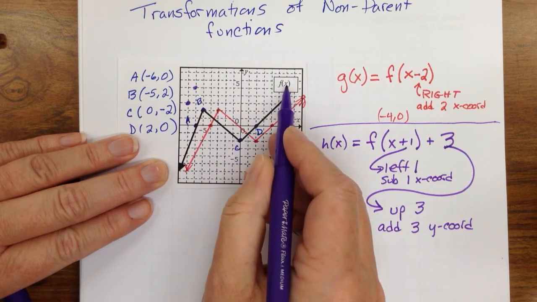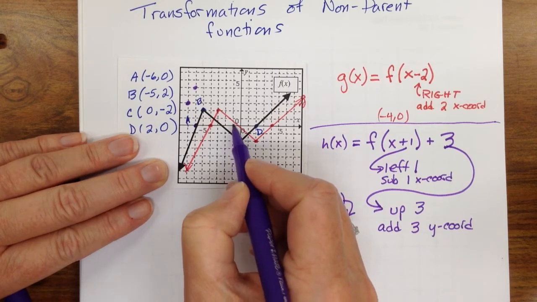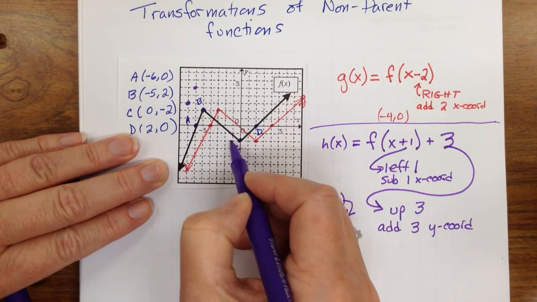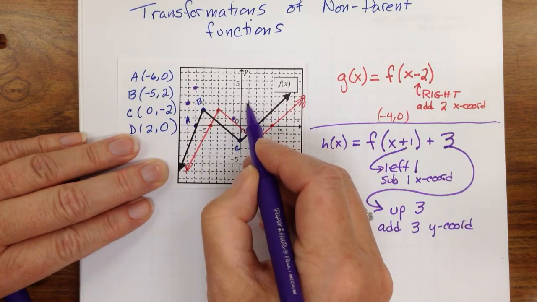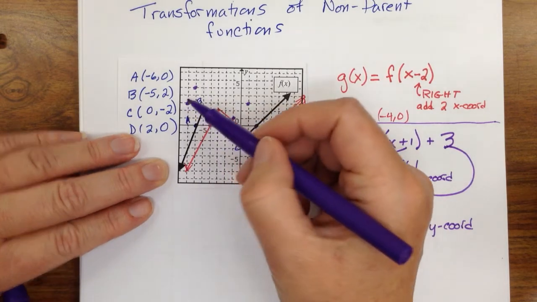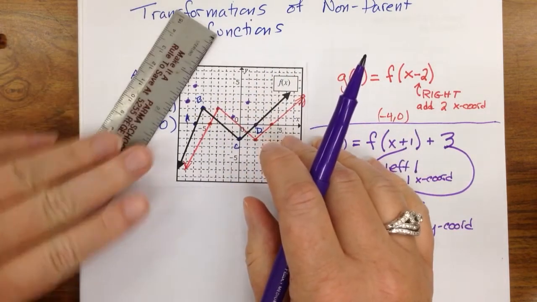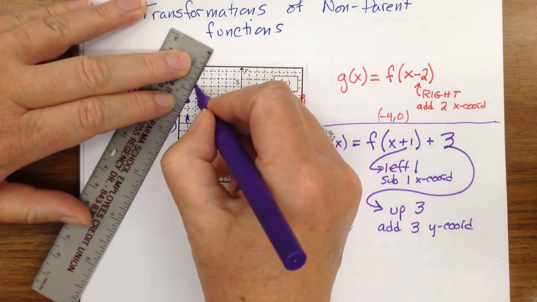Again, we're working on the F graph. Don't work on the red graph, work on the F graph. Left 1, up 3. I lost count. 1, 2, 3. Left 1, 1, 2, 3. And now we have our dots. Don't lose track of your dots. Mine are in purple here. And again, we have a ray.